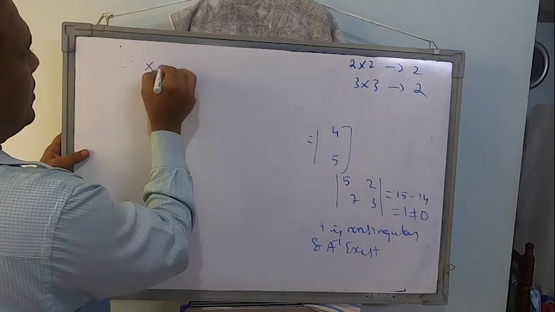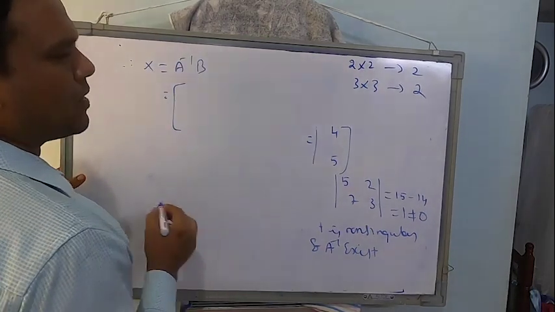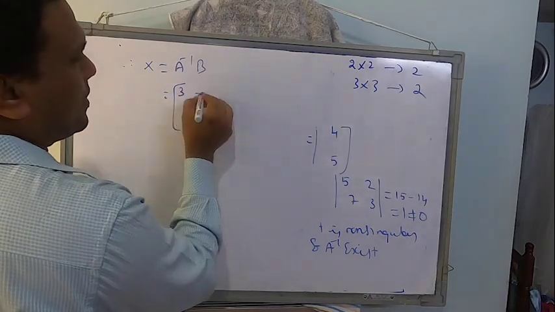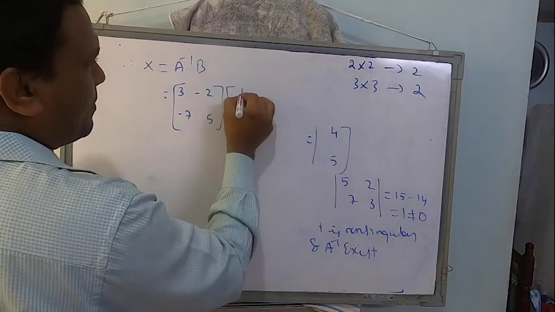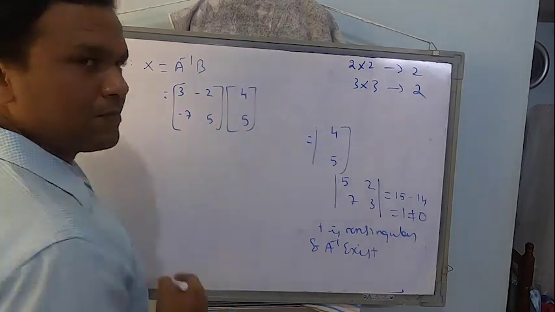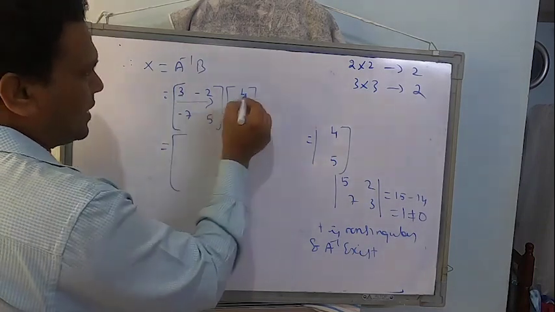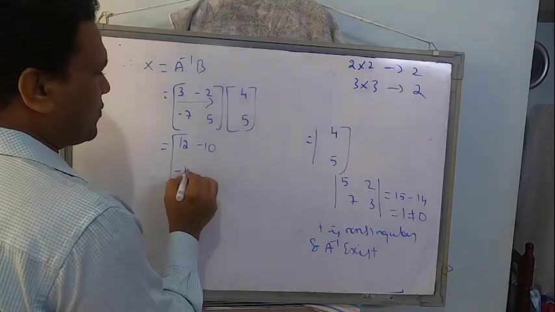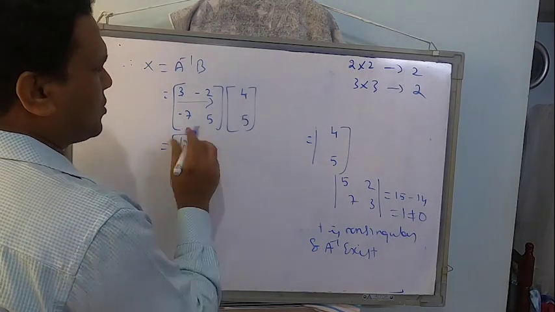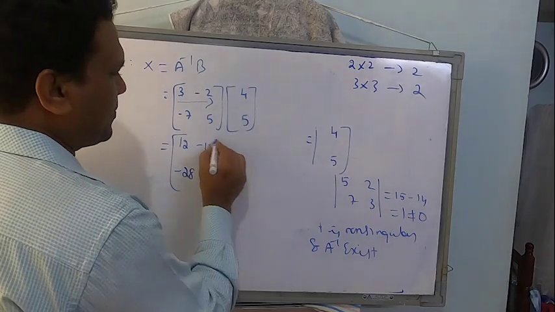Therefore x equals A inverse B. What did I get? 3 minus 2 minus 7 5 multiplied by B. B is 4 5. So let's go for matrix multiplication. 3 fours are 12 minus 10. The next, minus 28 plus 25.